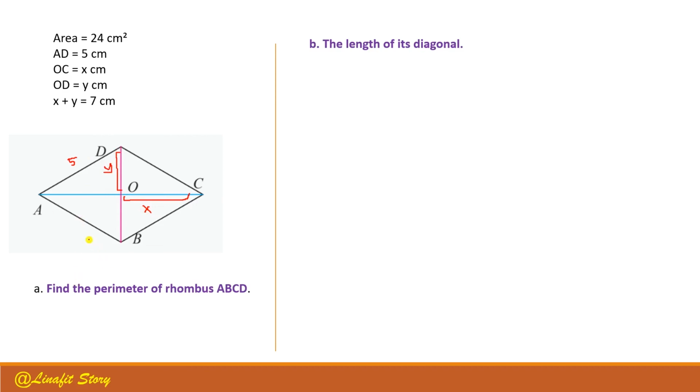Find the perimeter of the rhombus ABCD. To get the perimeter is 4 times side. So 4 times 5 is equal to 20 cm. And then, how to find the length of its diagonals?